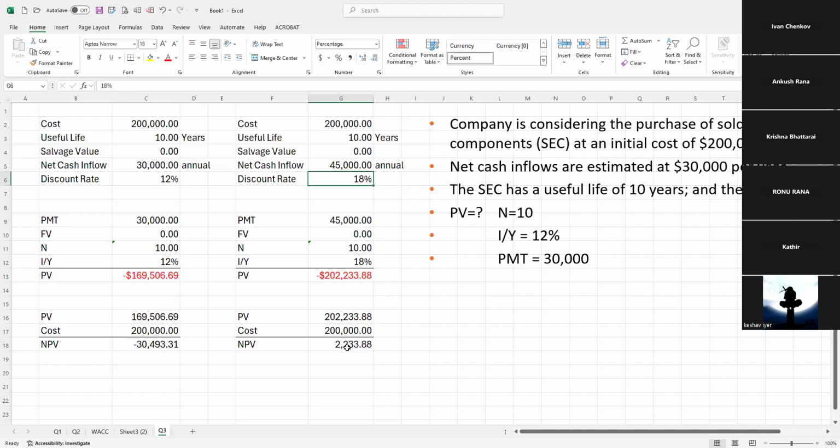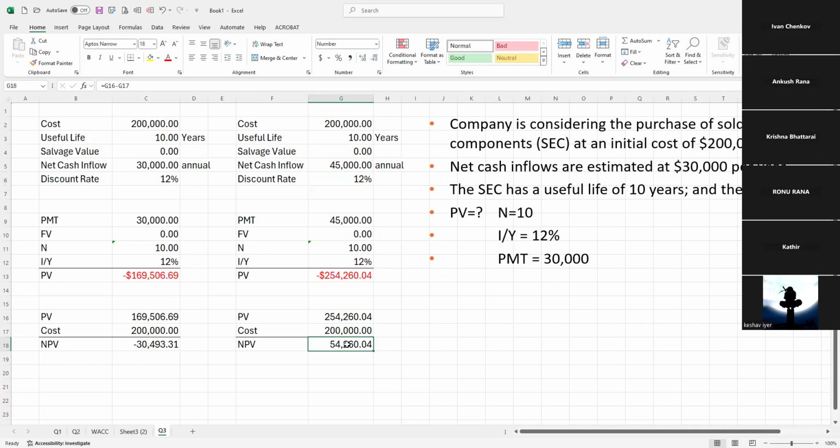So the actual return that you're going to get with this project with the similar cash inflow over 10 years is around 18 plus percent. When you discount it only at 12, it shows you that you're getting 12%.